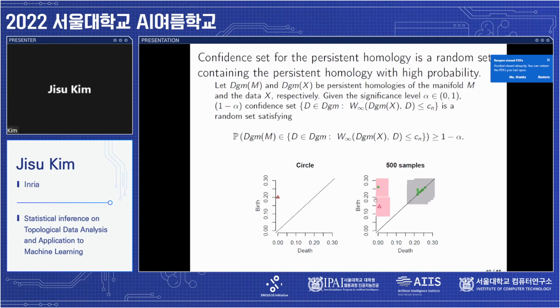That means that the points that appear in this pink box are always off the diagonal. So you will always observe these points, but these gray points don't have that kind of guarantee because they overlap with the diagonal, so they can actually appear on the diagonal.